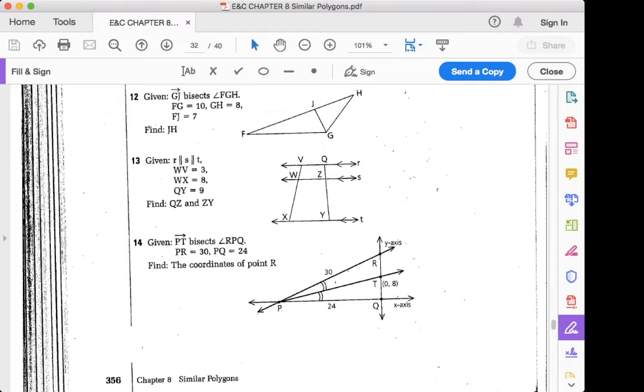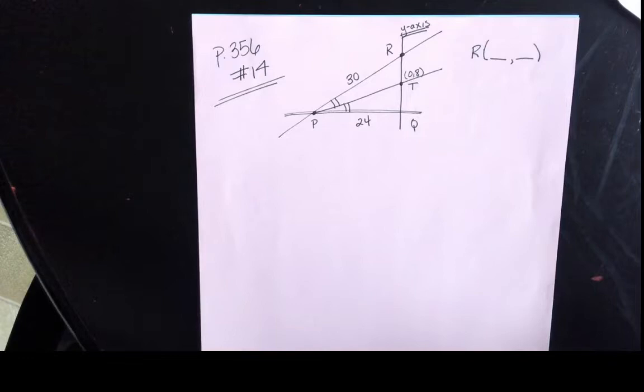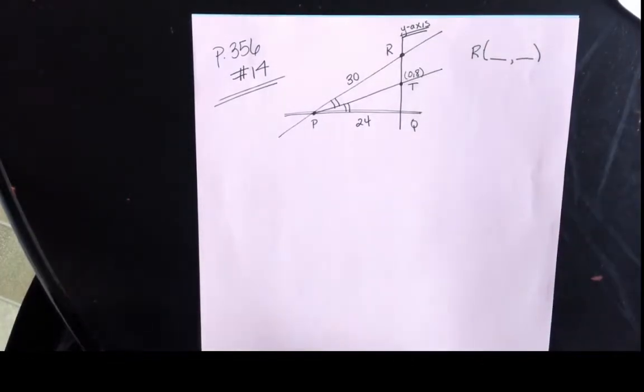All right. Now, the good part is we also know that R is on the y-axis, so I just need to make sure that I am already looking at the fact that our x coordinate should be 0.